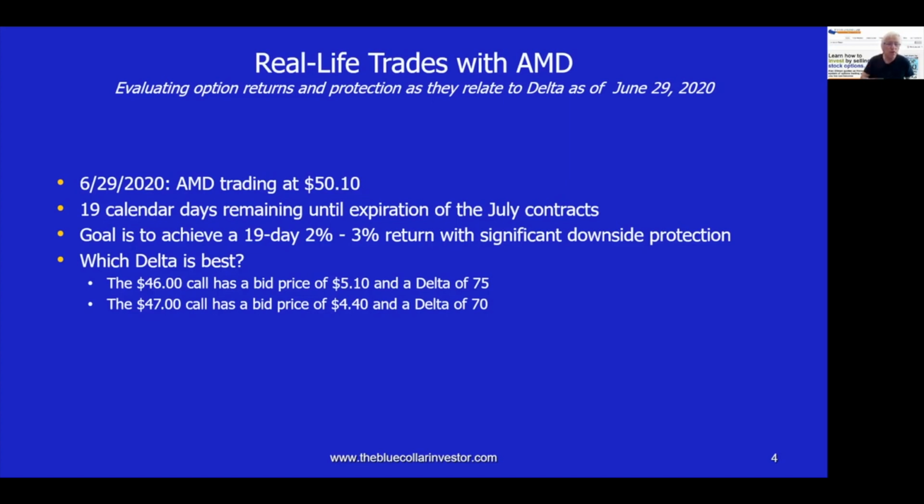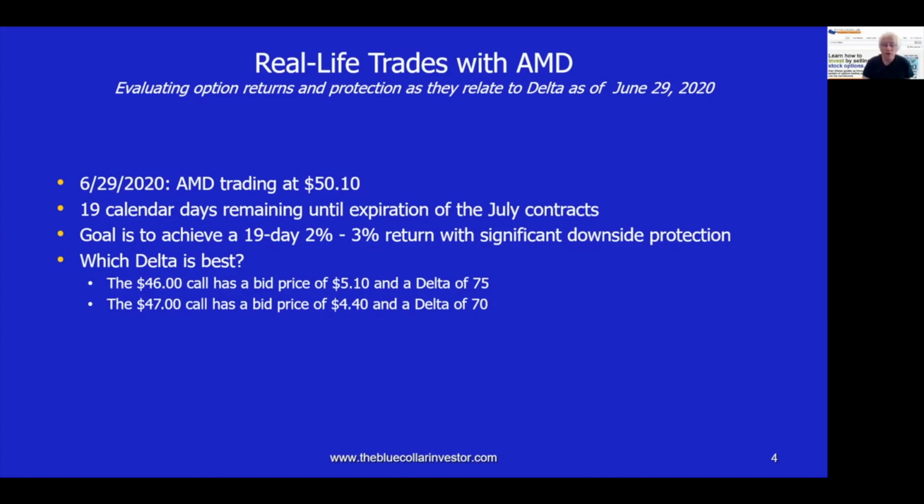We're going to look specifically now at the 46 call. So again, the stock is trading at 50.10. So that's in the money by $4.10. And the 47 call, which is also in the money. Now, the 46 call had a bid price of 5.10 and a delta of 75.